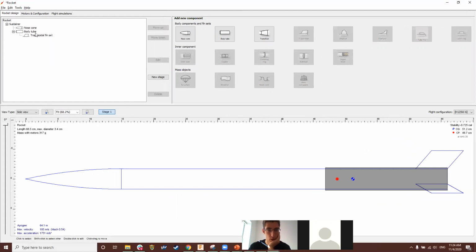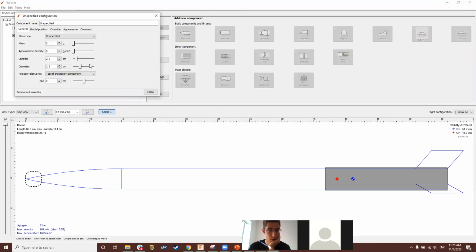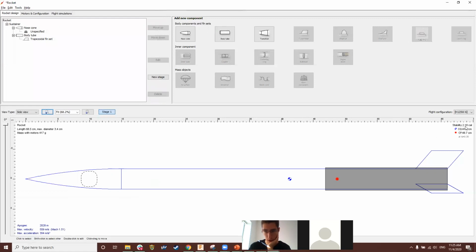So what else you can do is you can add a mass component. You can add some ballast, let's say 100 grams to your nose cone. Okay, but it's not at the tip. Let's say it's somewhere in here. How's the stability looking now? 2.